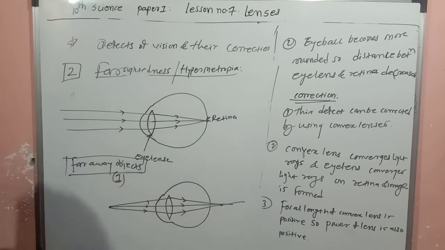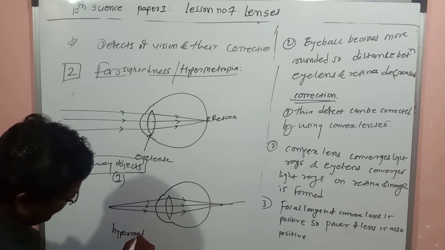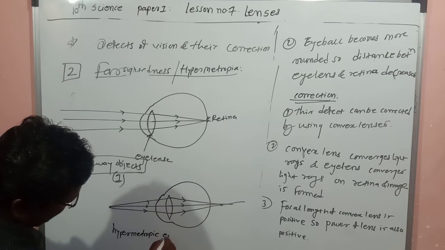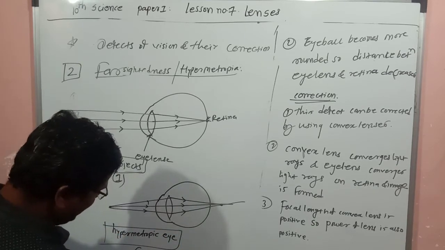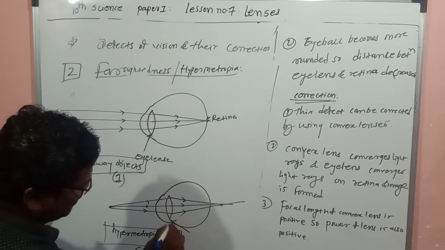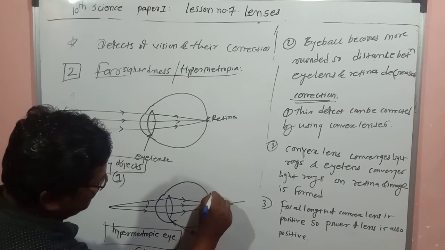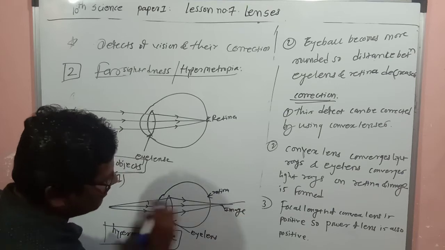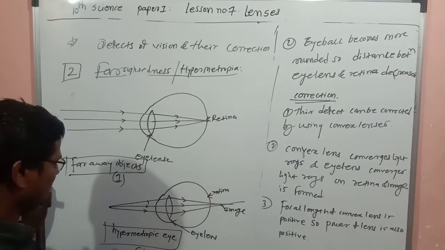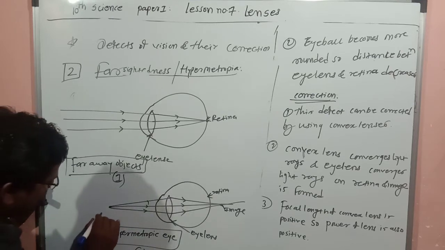This is a hypermetropic eye, or defective eye. This is diagram number 2. Here is the eye lens, here will be the retina, and the image is formed behind the retina, and this is for a nearby object.